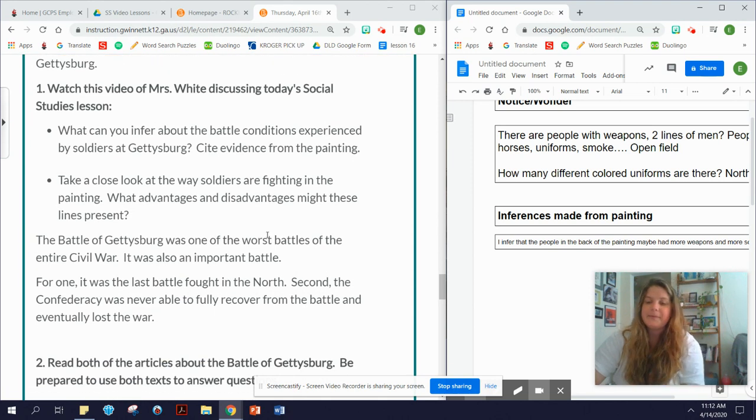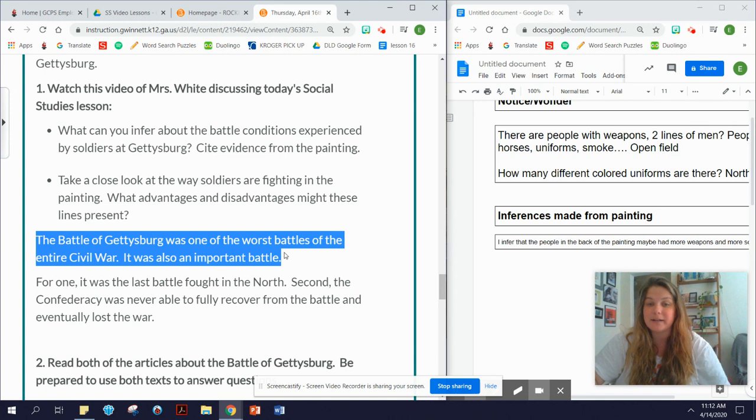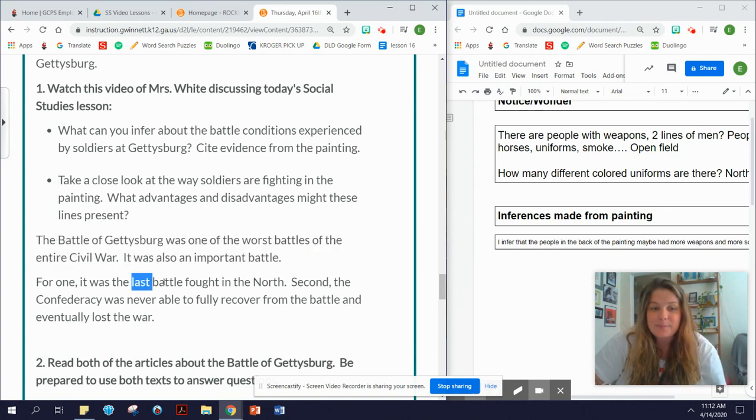After you look at that, the Battle of Gettysburg was one of the worst battles of the entire Civil War. It was also an important battle. For one, it was the last battle fought in the North. Second, the Confederacy was never able to fully recover from the battle and eventually lost the war.